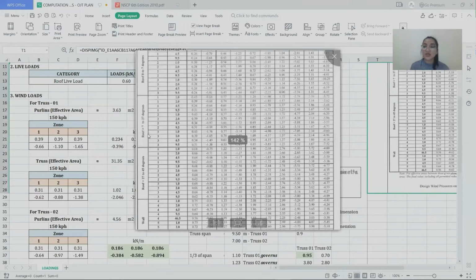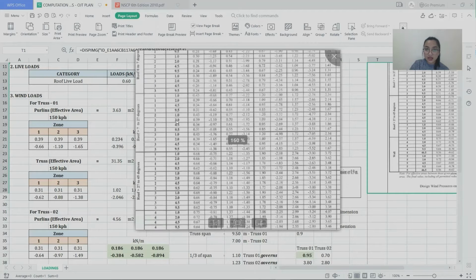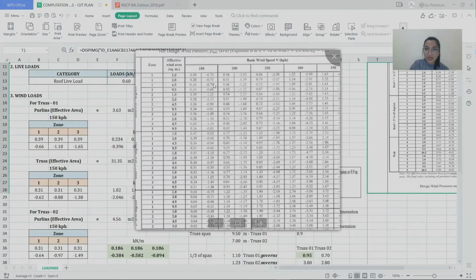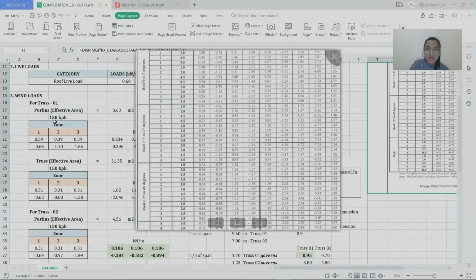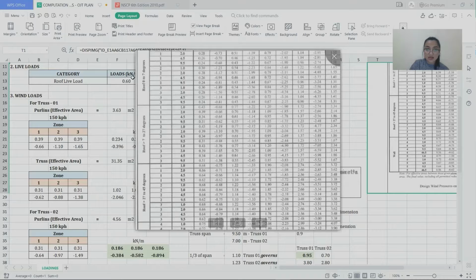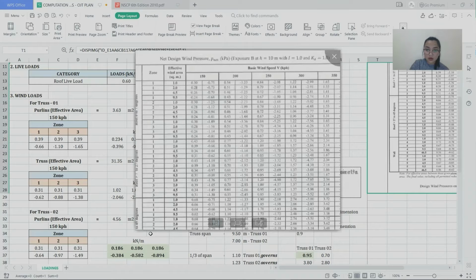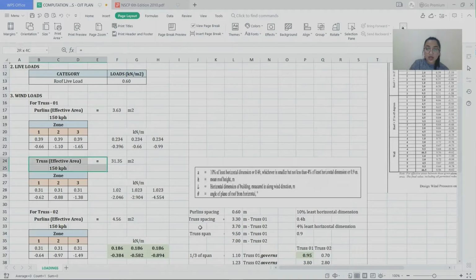So since the roof has a 7 to 27 degree slope, ang gigamit nako na values. So for zone 1, under 150 kPa, ang effective wind area niya is 3.63.